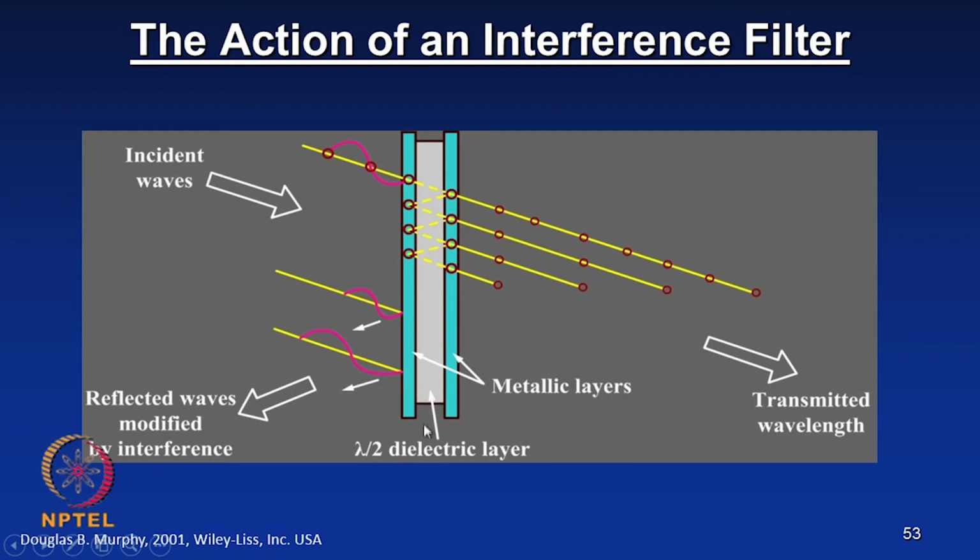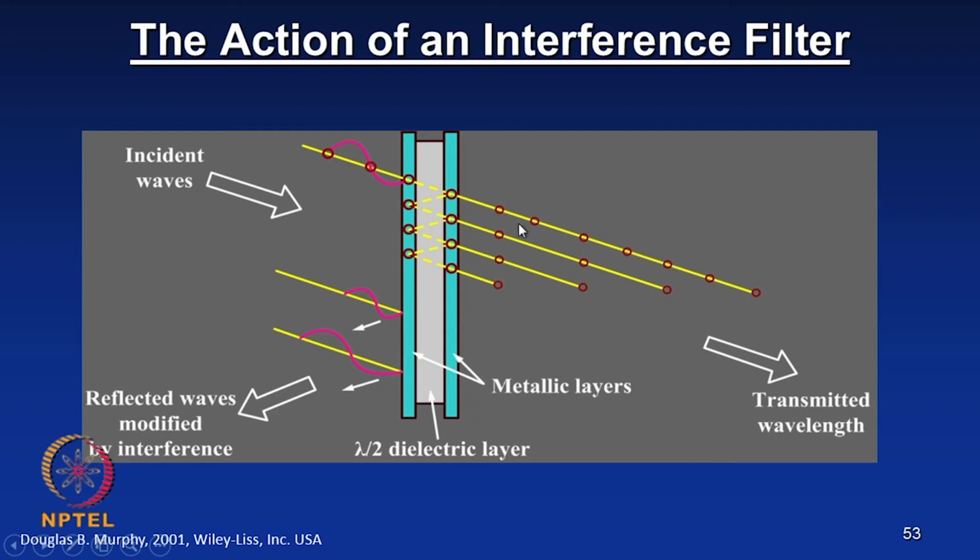You see that two metallic layers are coated on the dielectric material in such a way that their optical path length is lambda by 2. When the incident wave enters this filter perpendicular to the face, only those wavelengths will be allowed to pass through, and the rest of them will be reflected back.